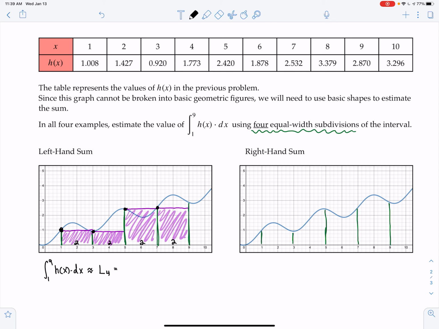So here's how I would write this out if I was showing my work either for my teacher or for the AP people as they grade.